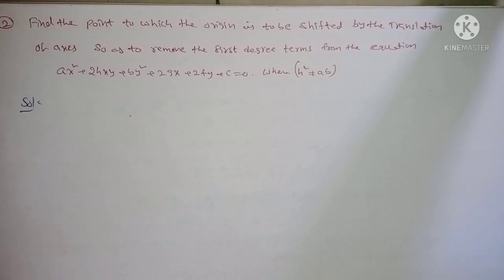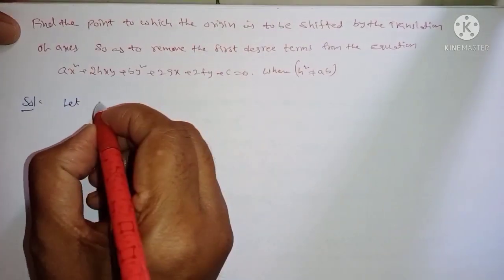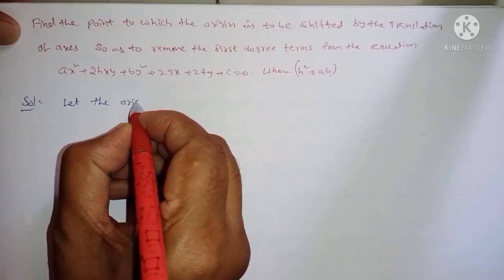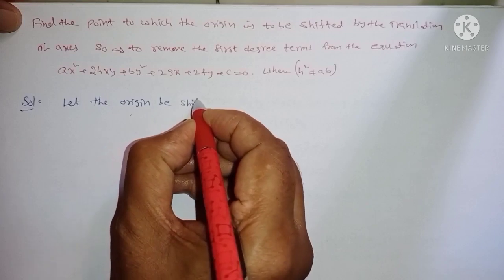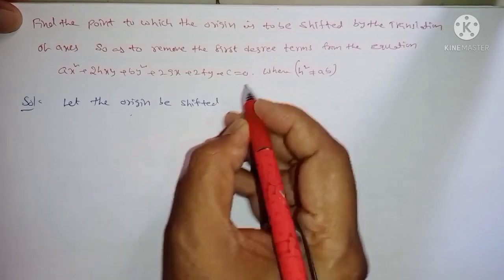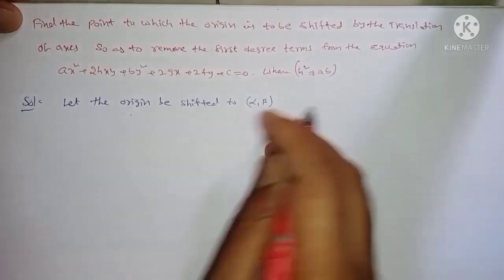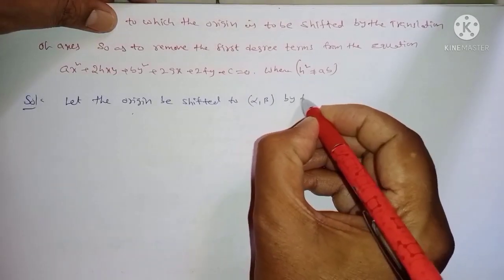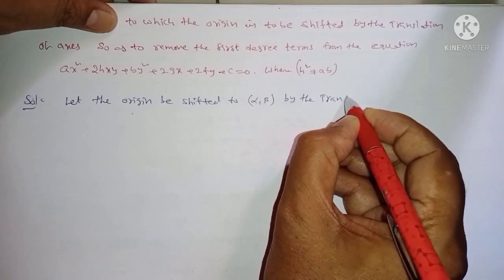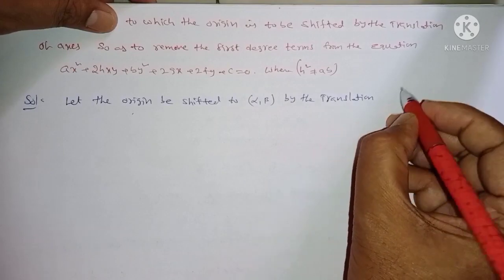Let the origin be shifted to, it is not given, therefore you can assume that is alpha and beta, by the translation of axis.